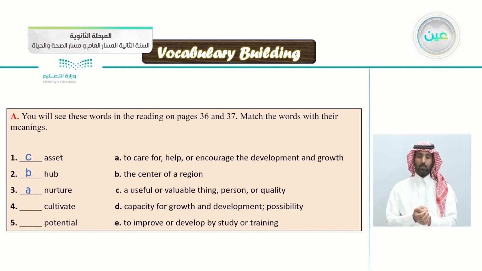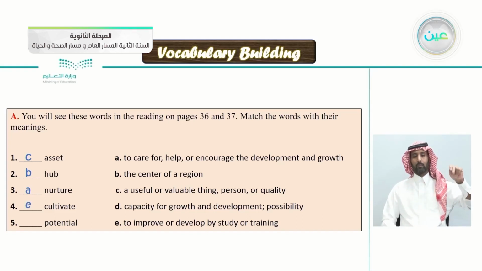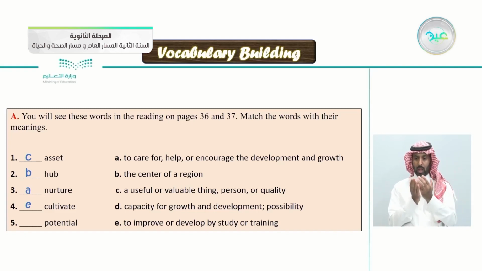The word cultivate, what does it mean? Let's check the answer here. It's E. Cultivate, to improve or develop by study or training. It was used also with children. So in the context, it means to improve the children and develop them by studying or training.